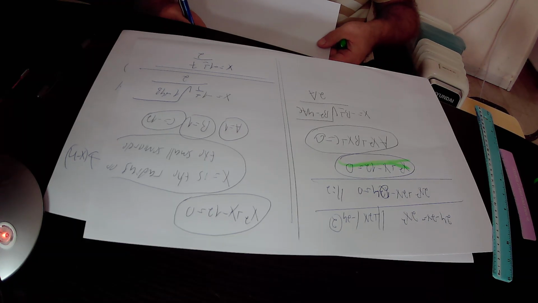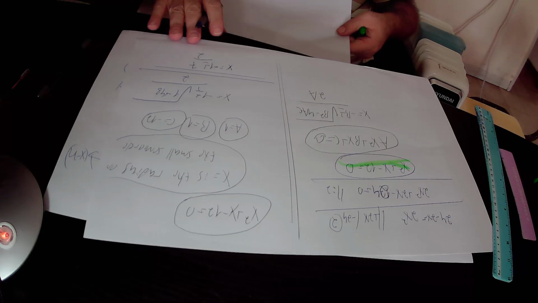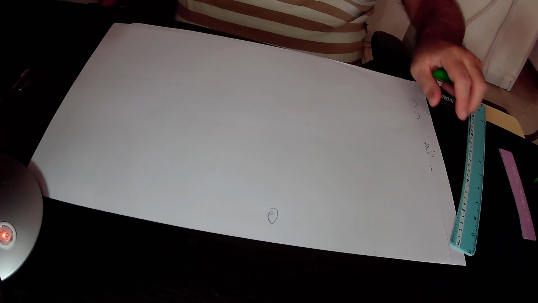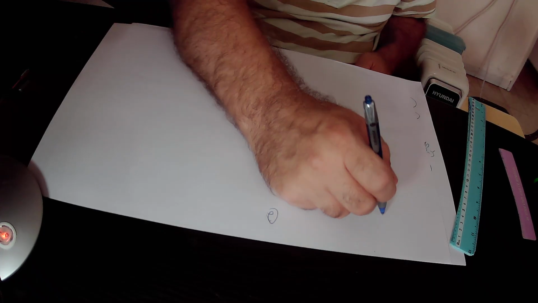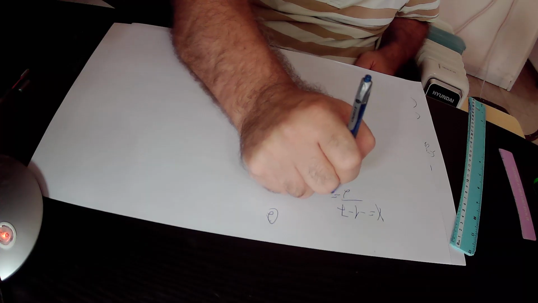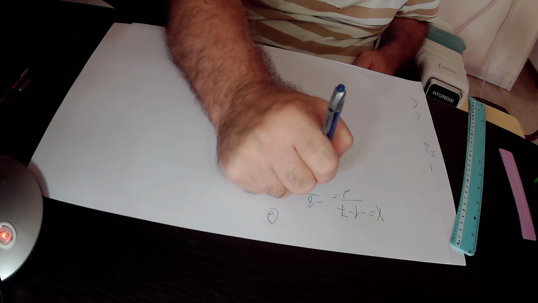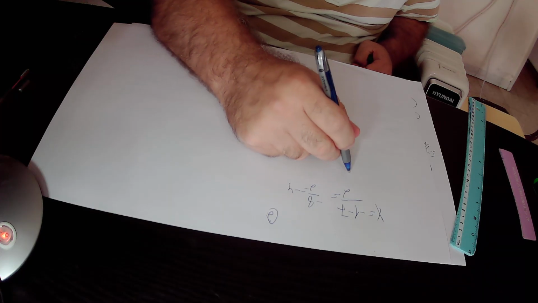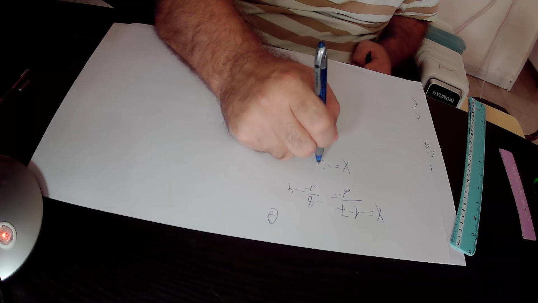The first solution is x equals minus 1 minus 7 over 2. Minus 1 minus 7 is minus 8, and minus 8 over 2 is minus 4. So according to the first solution, x equals minus 4.